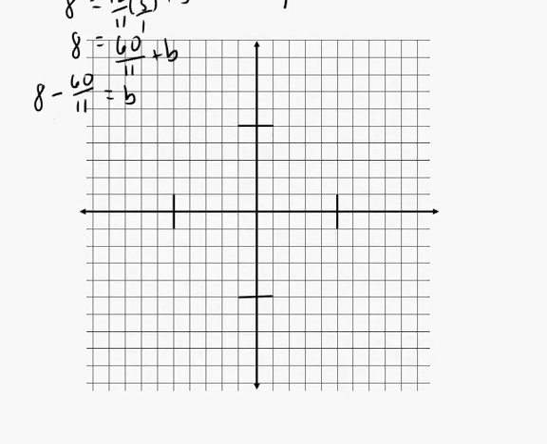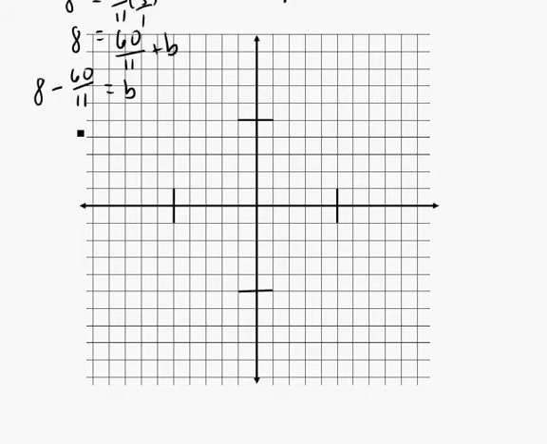In order to subtract these two numbers, we need to get a common denominator. 8 is the same thing as 8/1, and in order for it to have a denominator of 11, like the fraction on the right, I will multiply this by 11/11, and we get 88/11. So 8 is equivalent to 88/11.